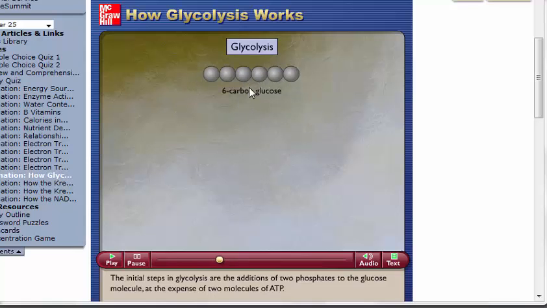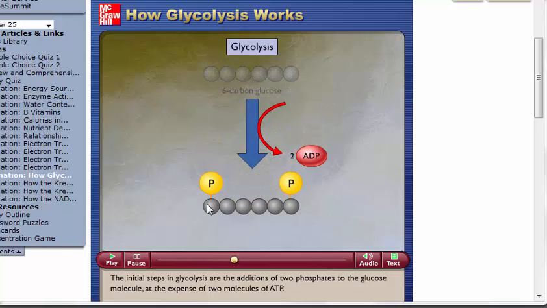So as I said, first you're going to have an enzyme that adds the phosphates to it. You're adding 2 ATPs and it gets added to the glucose molecule.